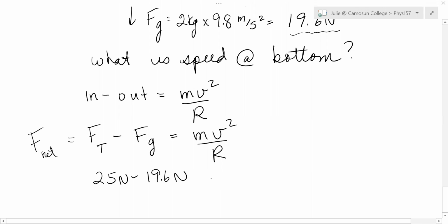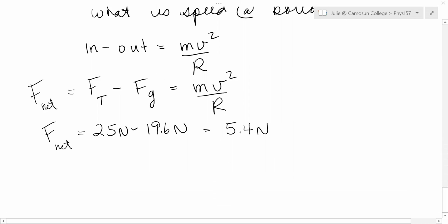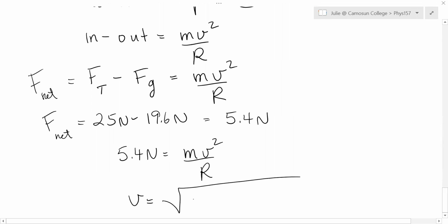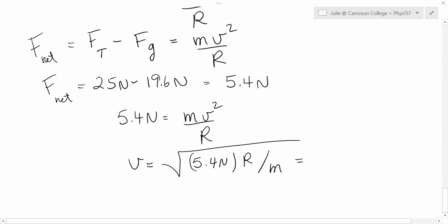Okay, so F net would be what? Be 5.4 newtons. Okay, so that's F net. And that would have to equal mv squared over r. So the 5.4 newtons equals mv squared over r. And so v would be the square root of 5.4 times r divided by m.